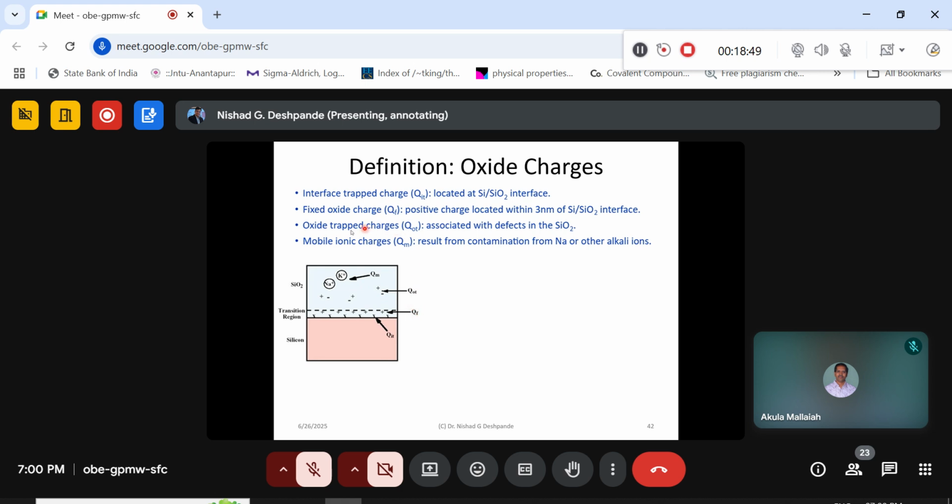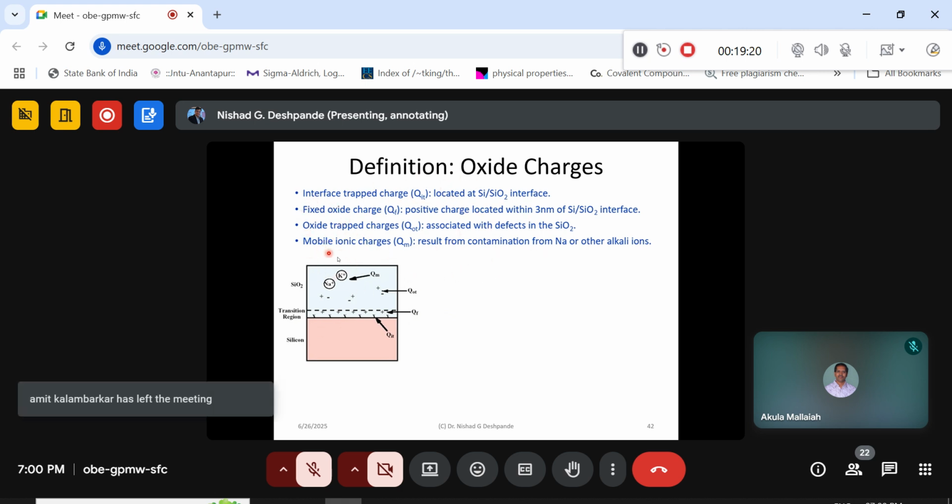You have another charge which is called oxide trap charges. These are associated with the defects in the silicon dioxide. So where do you get this? Along the silicon dioxide, we have already mentioned that you have silicon dioxide here, you have silicon here, in between you have SiOx. That means the subscript X for the oxide O has this kind of points present in it.